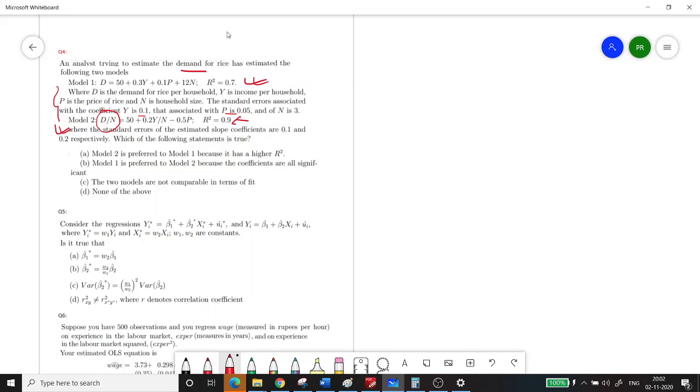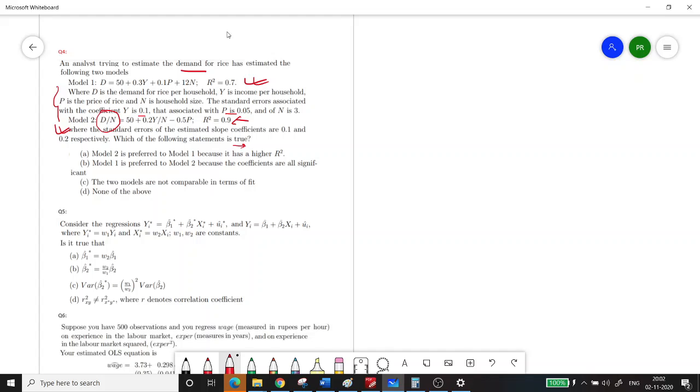Now it says, which of the following statements is true? We are not giving any other thing except the R square values from both these models. If you remember in one of our earlier discussions where we were talking about R square, one of the limitations of R square that we talked about is that models cannot be compared if they differ in their number of explanatory variables.